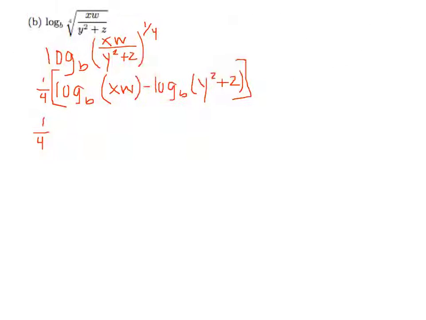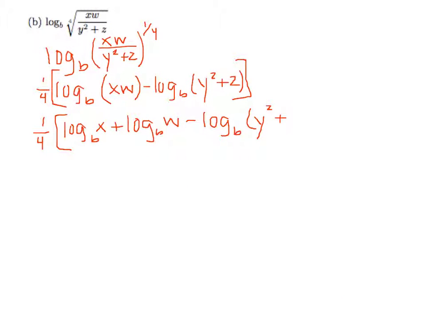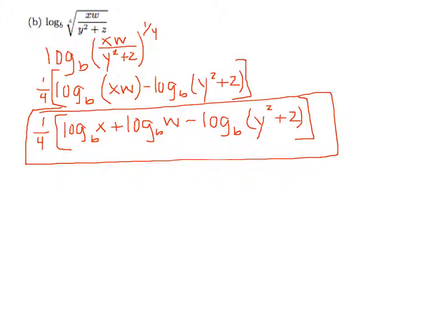So we have 1/4 log base b of x plus log base b of w minus our last term, log base b of y squared plus z. And we cannot break that up because it's already in addition. It's not using multiplication or division. So this answer is our simplified answer.